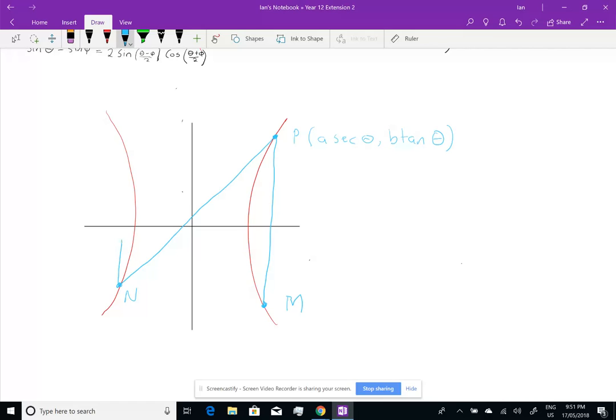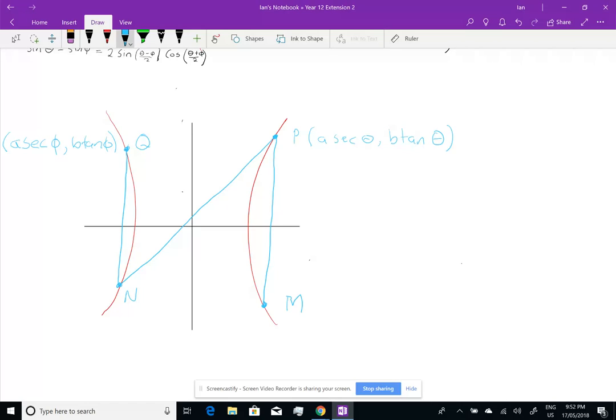We can go just purely on the left-hand side. And there's the chord, we'll call that Q. Well, let's give that Q its set of parametric representation. So we'll call it a sec, well, we better choose a different angle, and let's choose phi, and b tan phi.